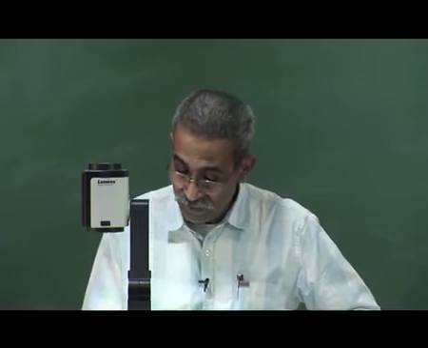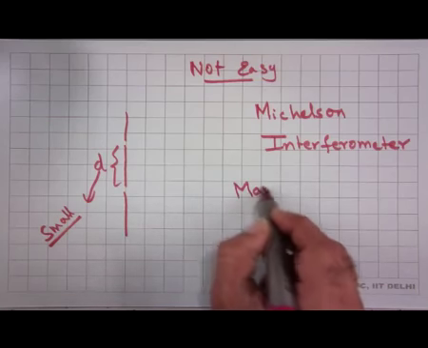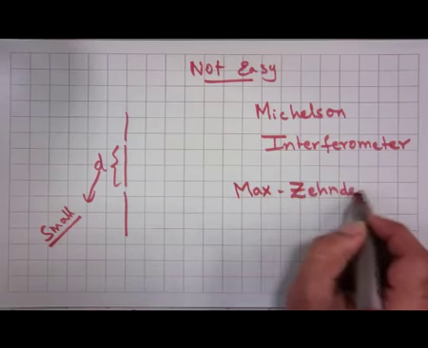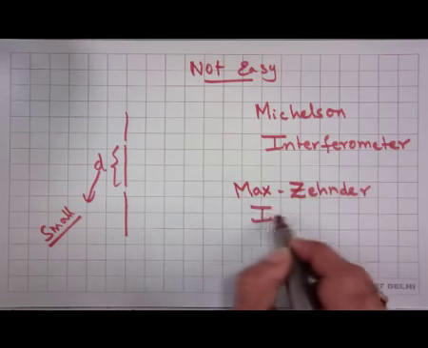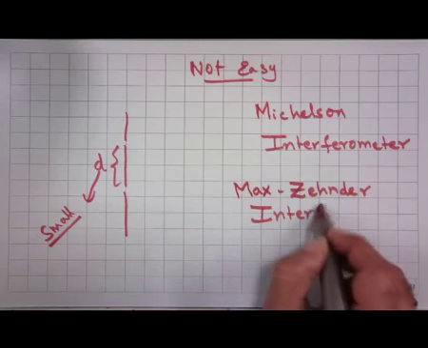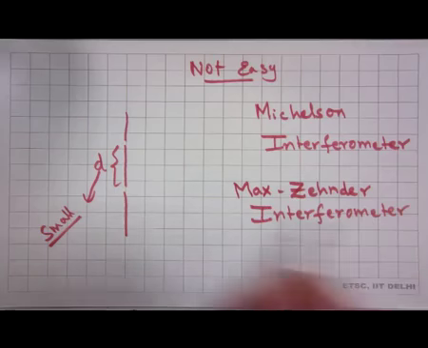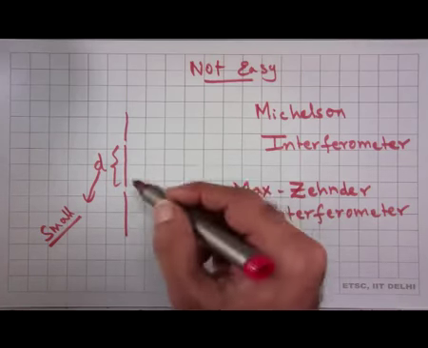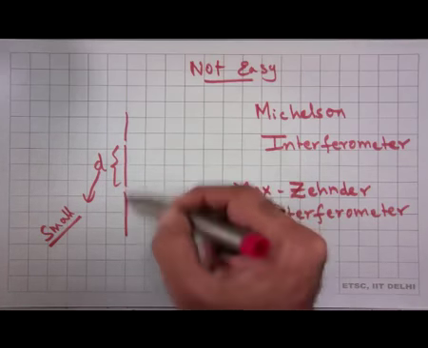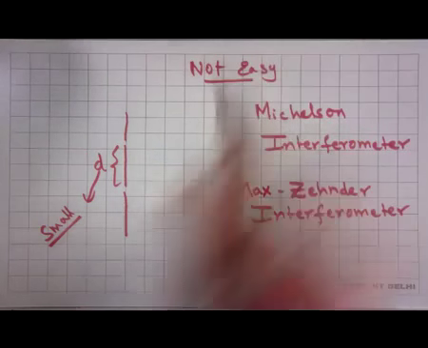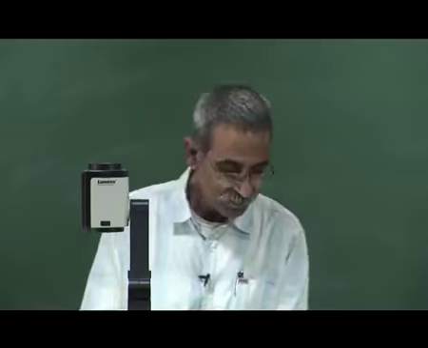And there is a modification of that which is called the Mach-Zehnder interferometer, where what you essentially do is to manipulate the system in such a way that d is large. The arms are far, far away so that you can actually put a polarizer.